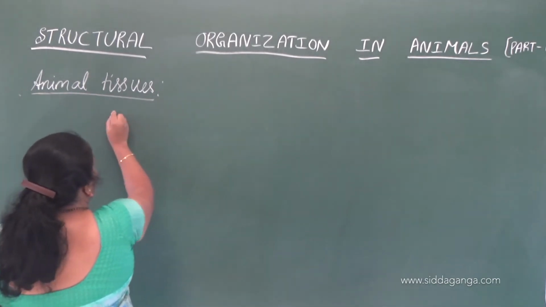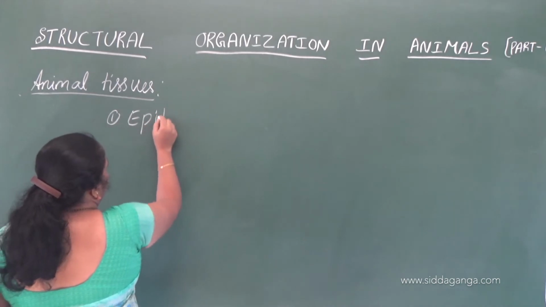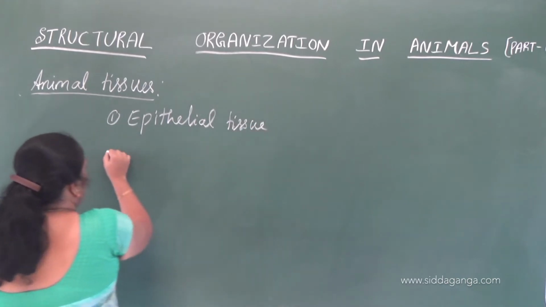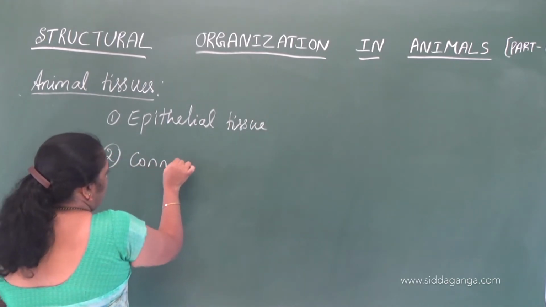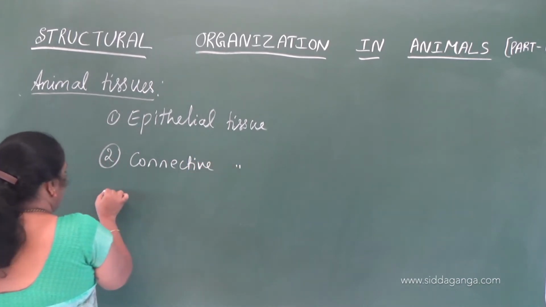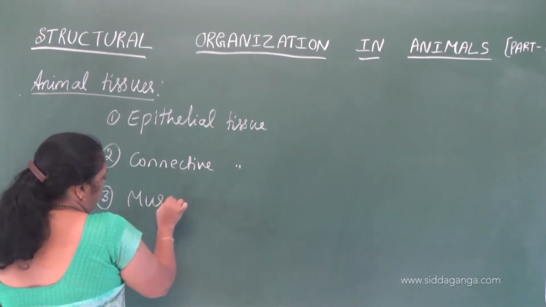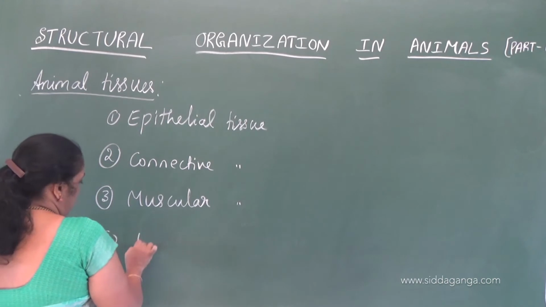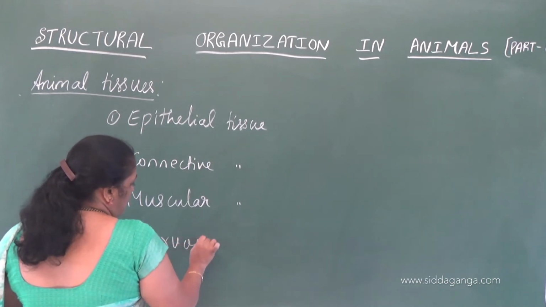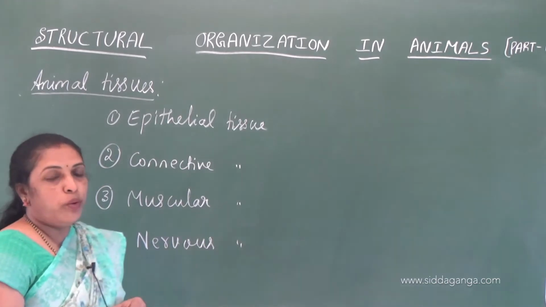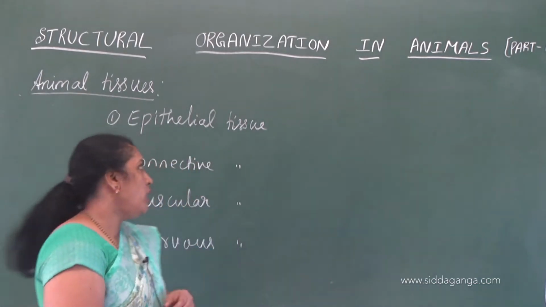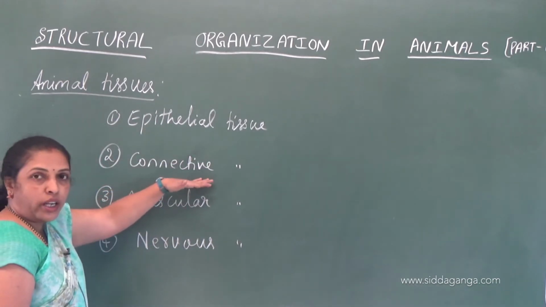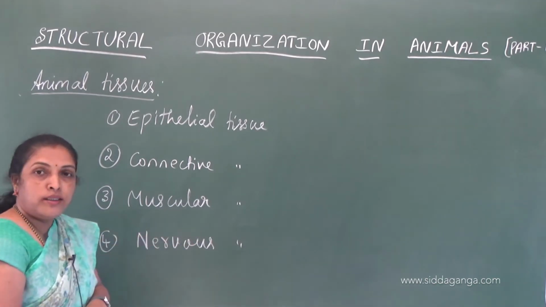One is epithelial tissue, another is connective tissue, muscular tissue, and nervous tissue. So, 2 marks: classify animal tissues. Animal tissues are broadly classified into 4 types: epithelial tissue, connective tissue, muscular tissue and nervous tissue.